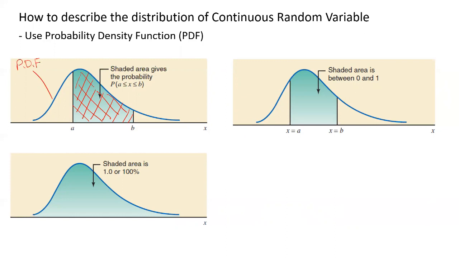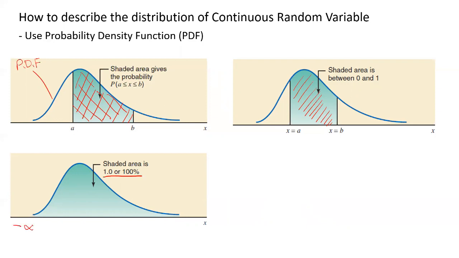Because it is a probability, the shaded area is always between 0 and 1, right? Because any probability is greater than or equal to 0 and less than or equal to 1. And the whole shaded area under the curve and above the x-axis is always 1. Why?